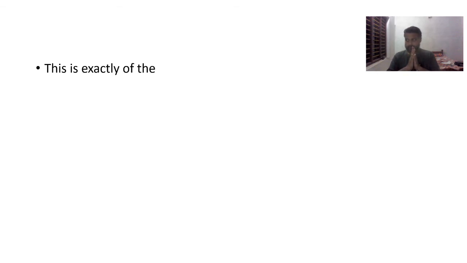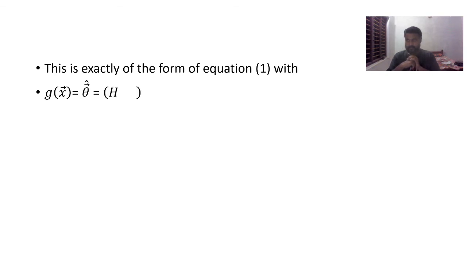So I can write g of x is nothing but vector theta cap, that is h transpose h inverse h transpose x; this is called equation 2. And I of theta, that is the Fisher information, is h transpose h divided by sigma square.